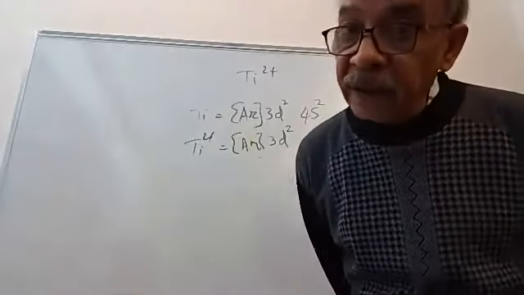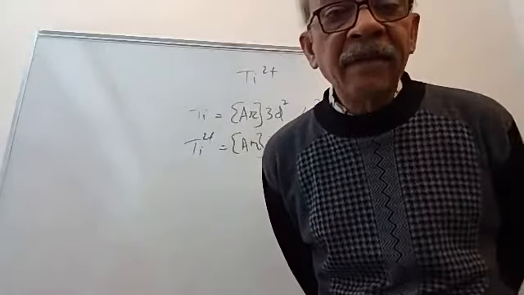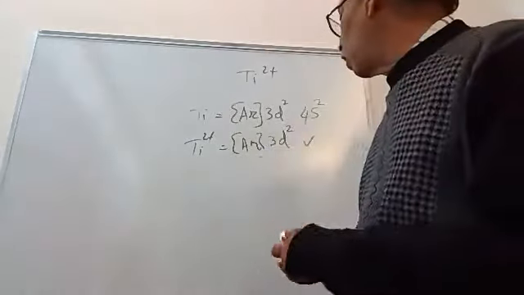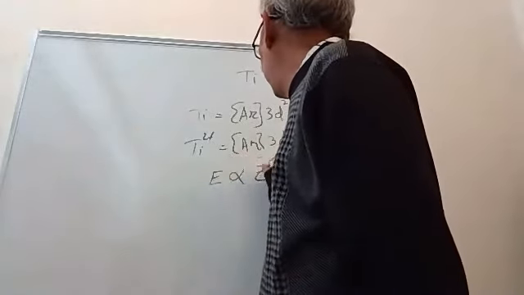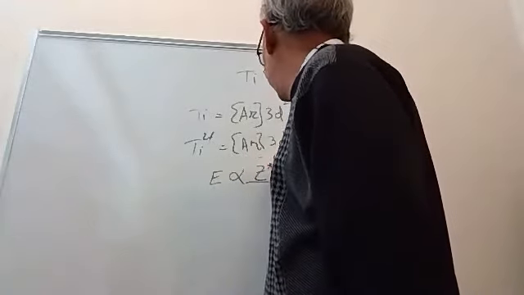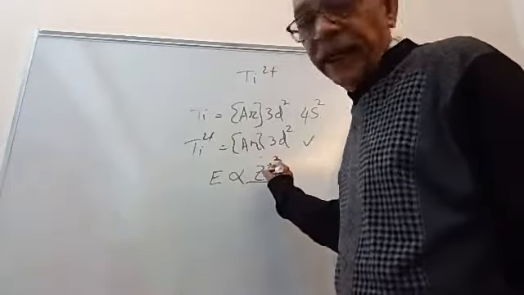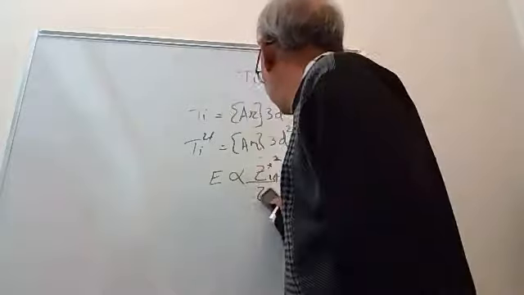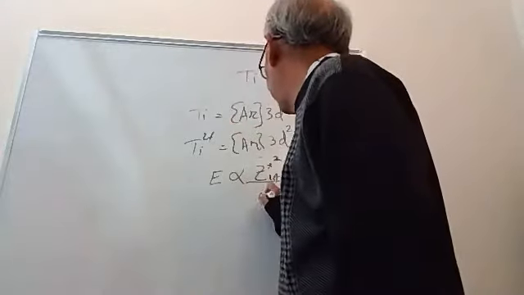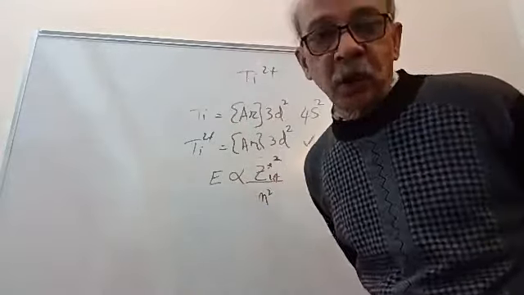Once I know the effective nuclear charge, I can find the energy of that electron, because the energy of any electron is proportional to Z effective squared, the effective nuclear charge squared, divided by n squared, where n is the principal quantum number of that electron.